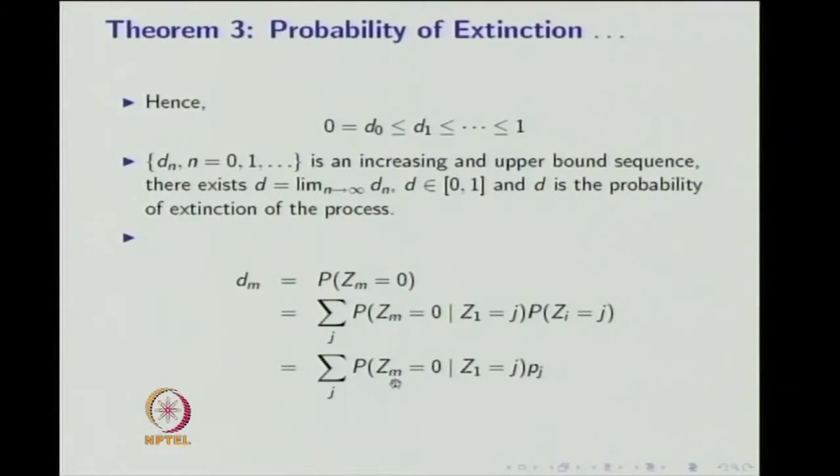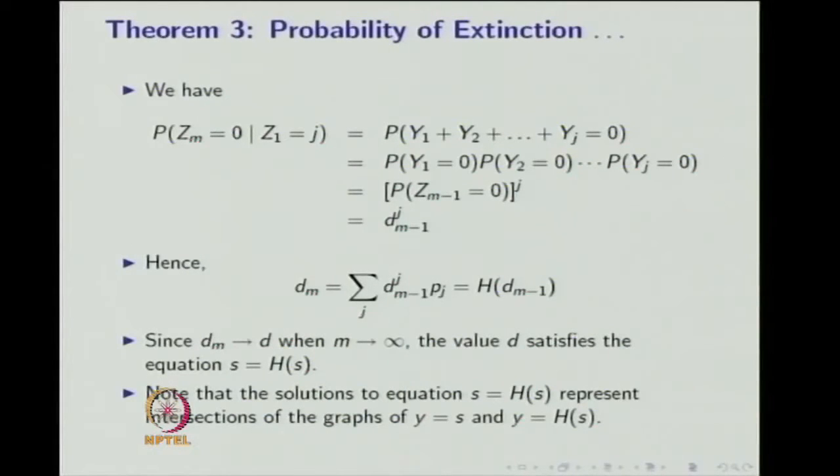Therefore, d_m will be summation over j d_{m-1} power j P_j, and that is nothing but the probability generating function of d_{m-1}.